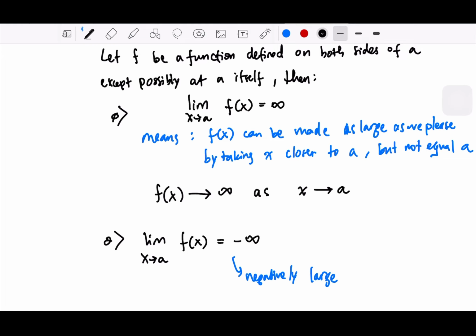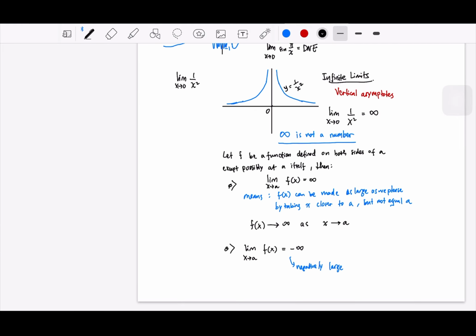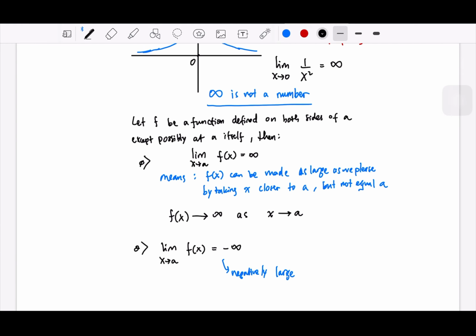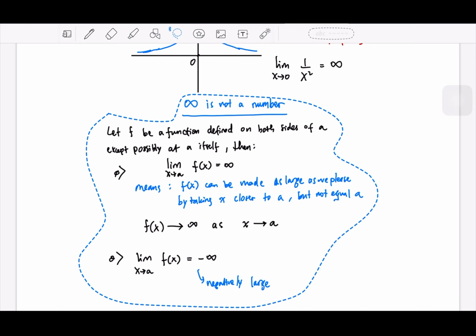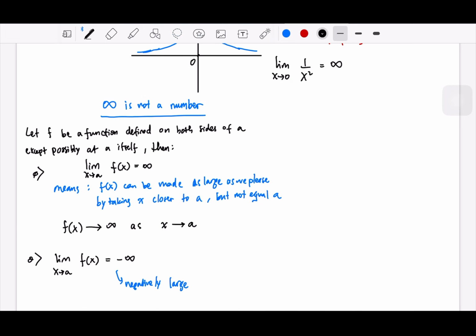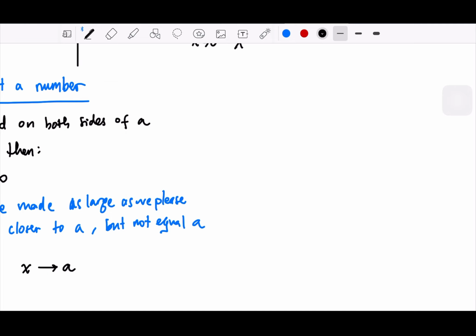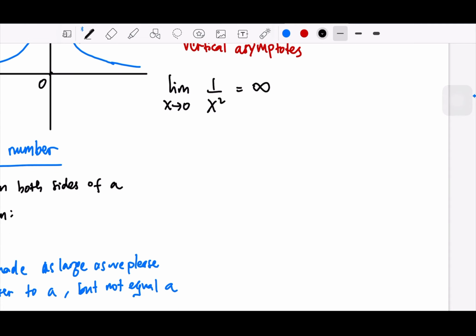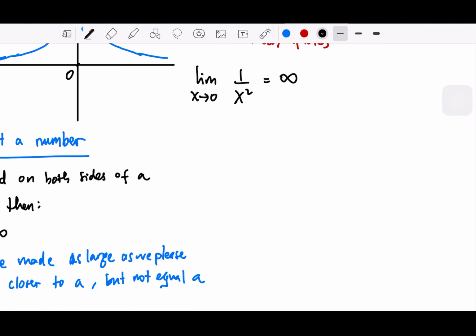Okay, and then another note on the vertical asymptotes. Let me take some quick illustrations.